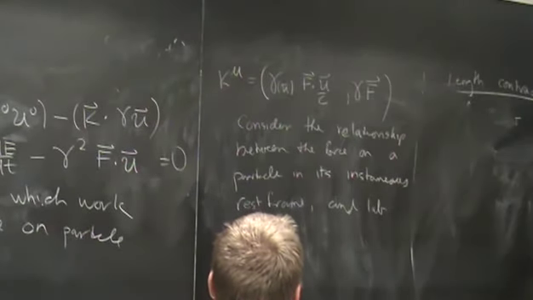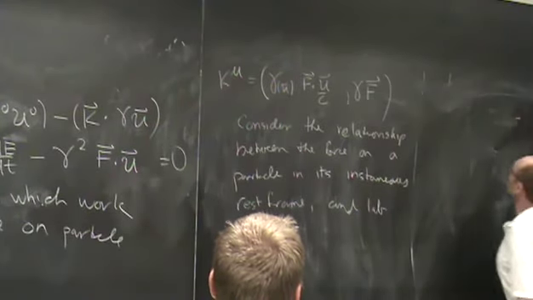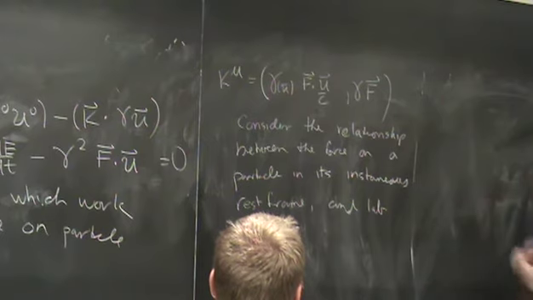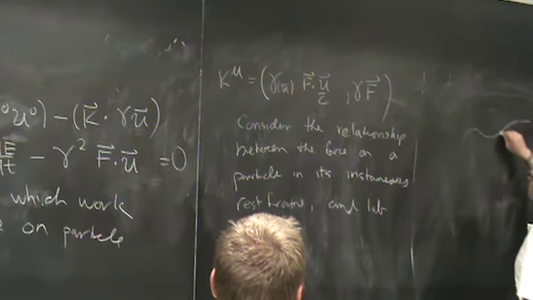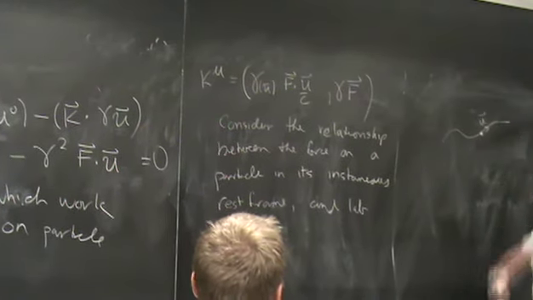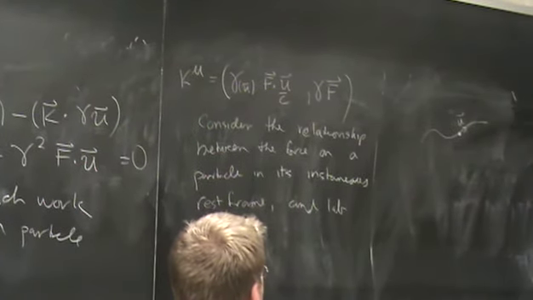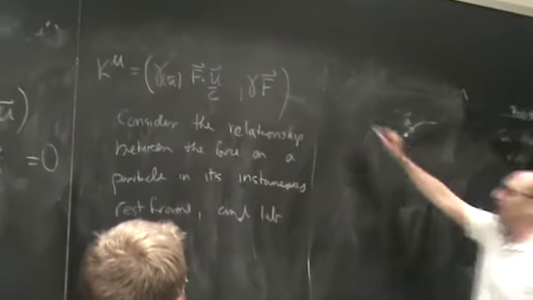Okay, so what we have is some situation where we have a particle moving in space and time, and it's got some instantaneous speed u relative to the lab frame.